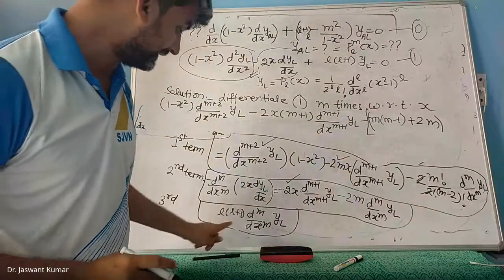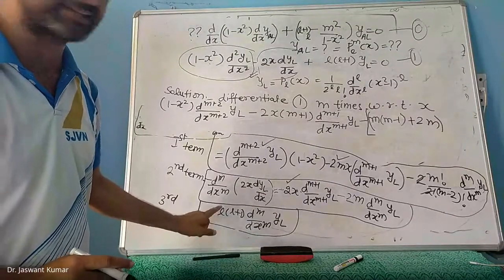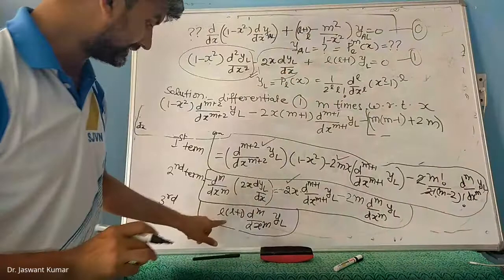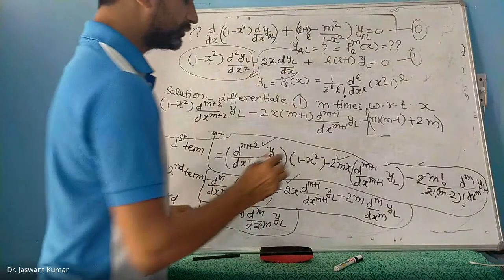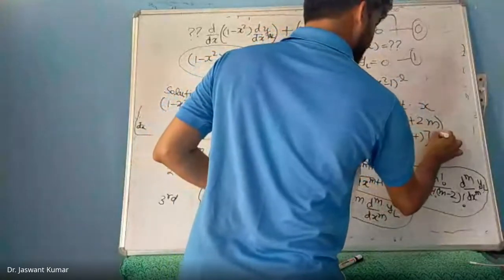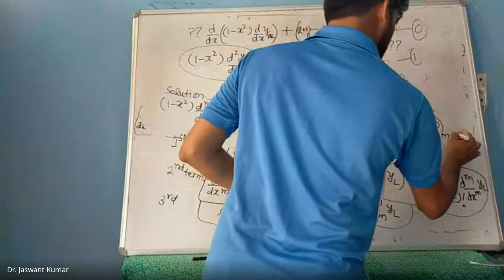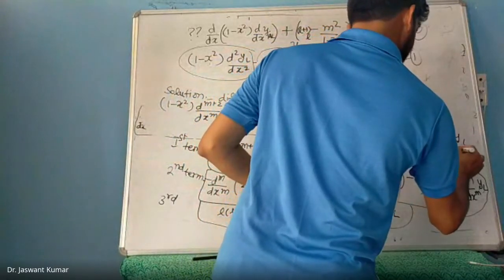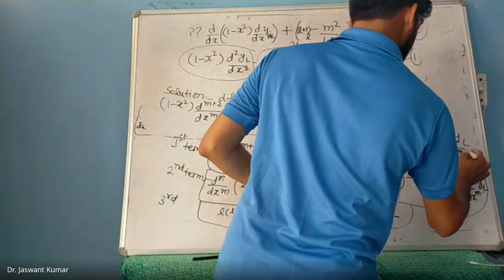And then minus sign common, so there is a minus sign over here. Minus, this is inside this big bracket, and this will be l into (l plus 1). This big bracket gets closed over here, and outside this big bracket is d^m y_l by dx^m. That's it.